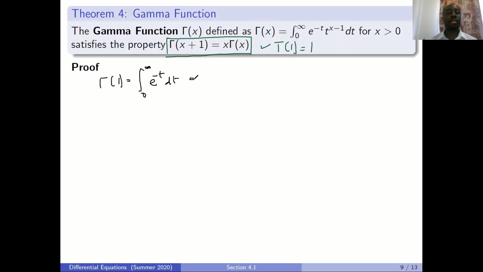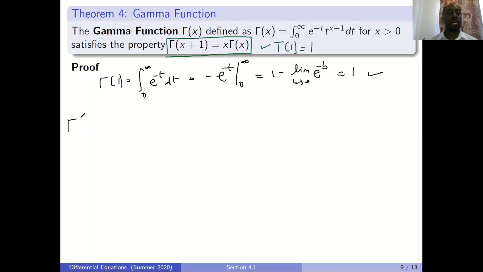Clearly this is minus e to the minus t from 0 to infinity. Since I'm going from 0 to infinity here, this is 1 minus the limit as b approaches infinity of e to the minus b, which is 0. So this is 1. So gamma of 1 is 1.